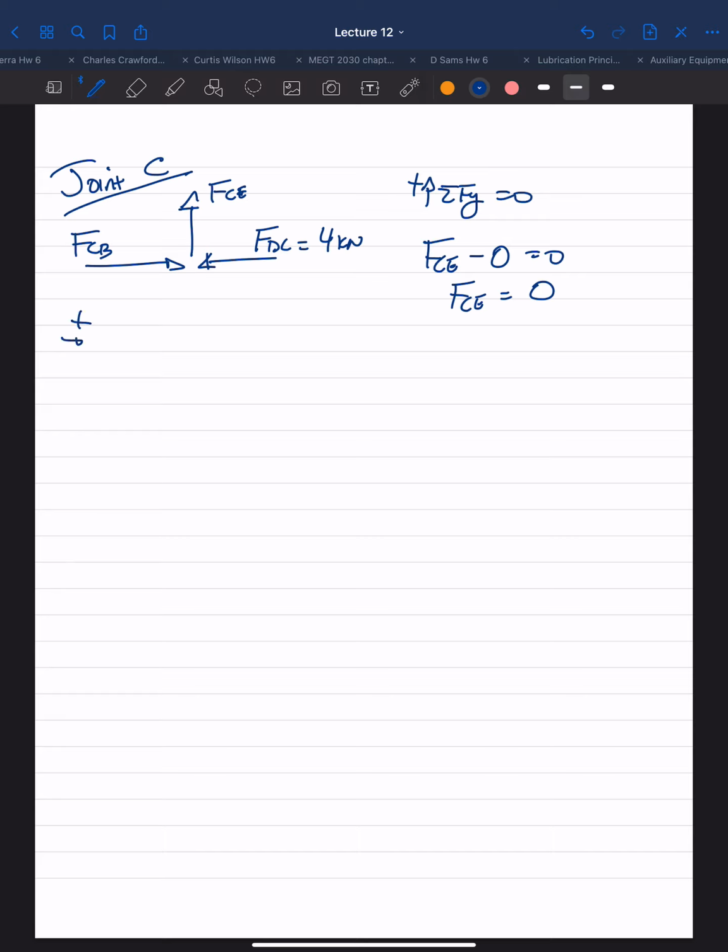Let's take the sum of my forces in the x direction. You have FCB minus 4 kilonewtons equals 0. FCB equals 4 kilonewtons, and it's pushing on joint C, so it's in compression.